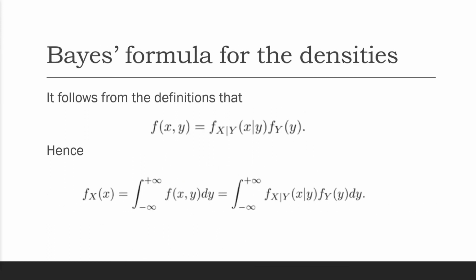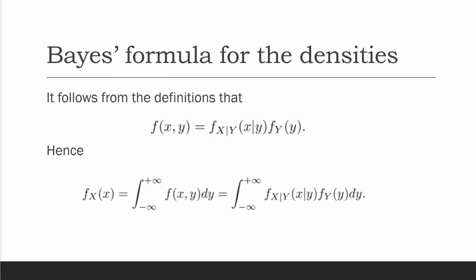Okay, so let's have Bayes' formula for densities. It follows from the definition that f of xy is equal to the conditional density of x given y times the f of y.